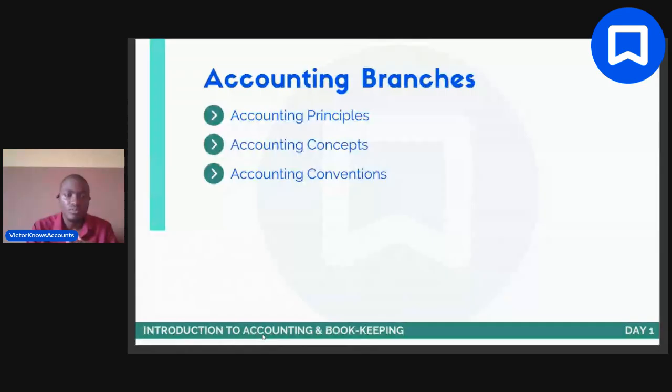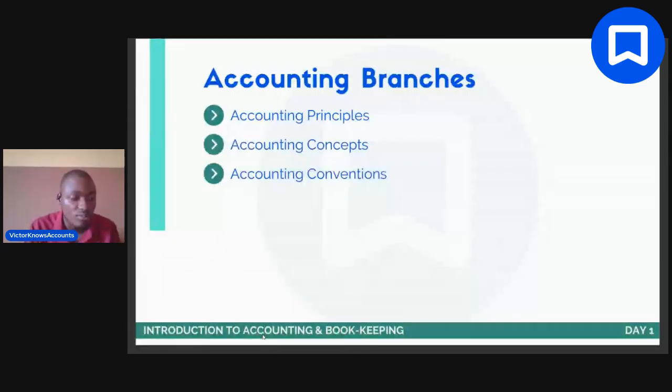But before I move to that, I also like to talk about career paths in accounting. You can also look at accounting as a functional part, as a career path, and there are certain branches under accounting.